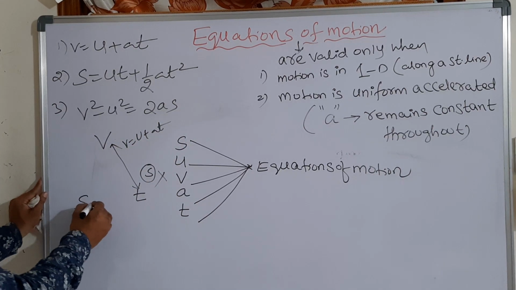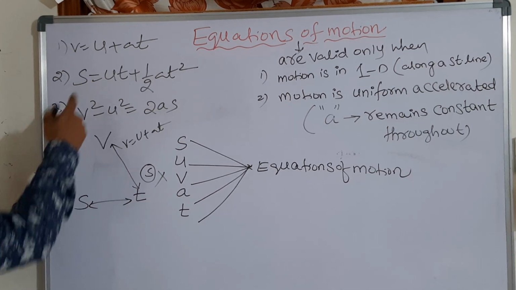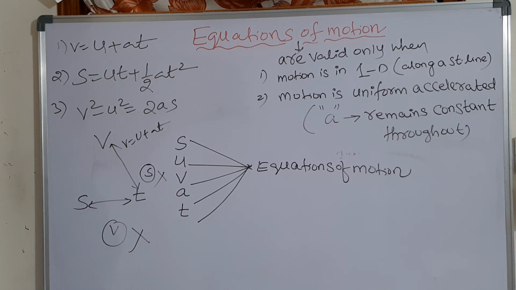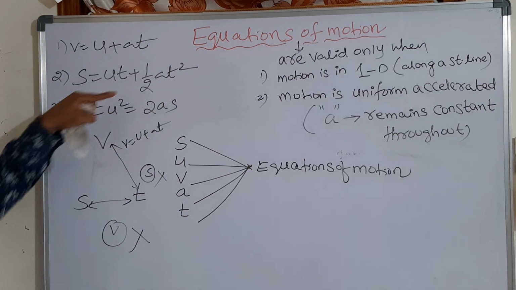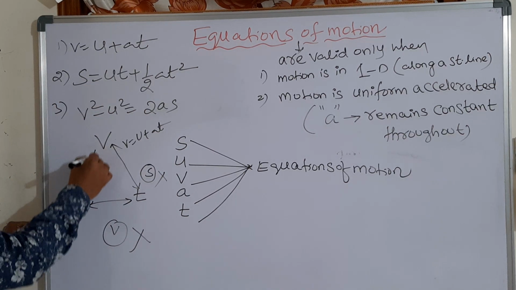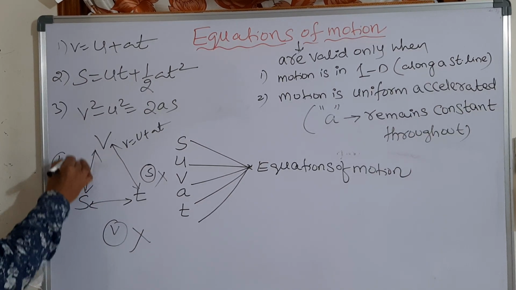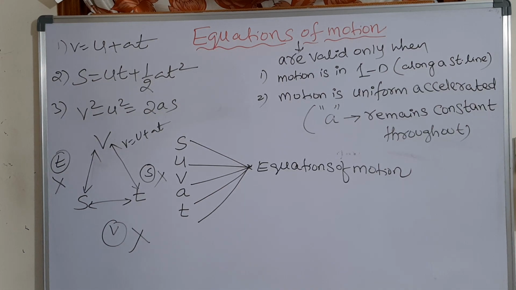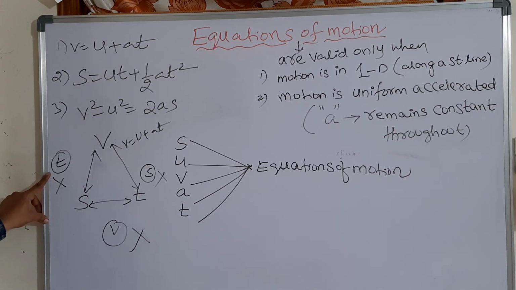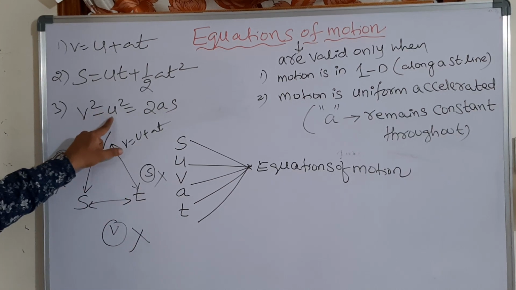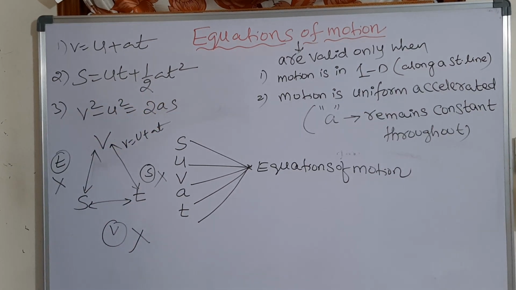Next, in the second equation of motion, there is no involvement of velocity. Then use the second equation of motion. In the third equation of motion, there is no involvement of time. If you ignore time, then the relation is v square minus u square equal to 2as.